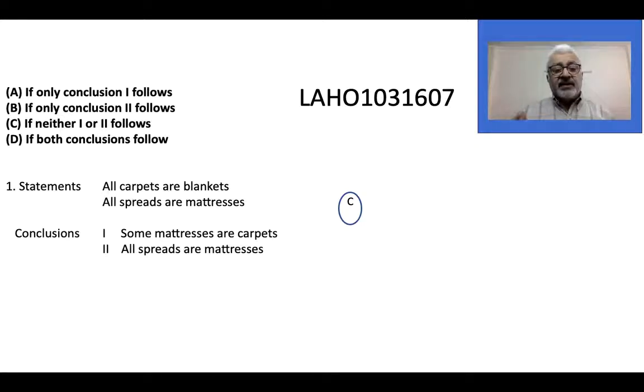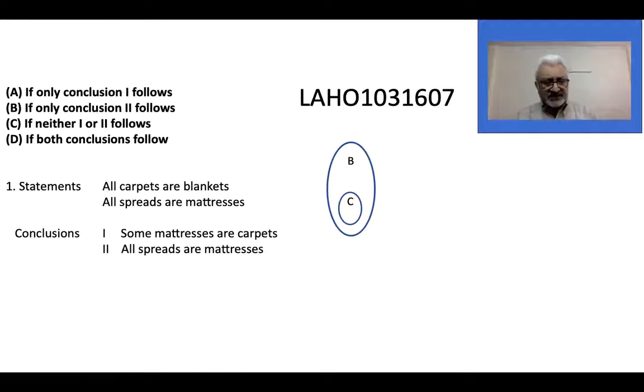Outside or inside carpets? All carpets are blankets means that the carpets are inside the blankets. Therefore, we should have an oval that is surrounding, enclosing, engulfing the carpet. So, blankets engulf carpets, and therefore, this is the representation of all carpets are blankets.